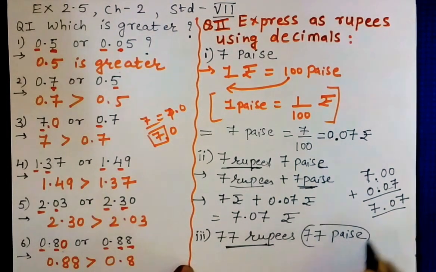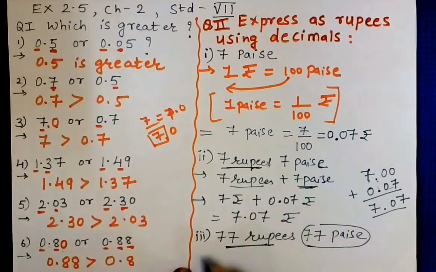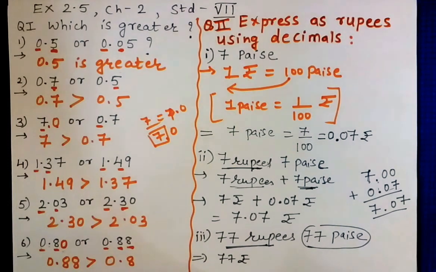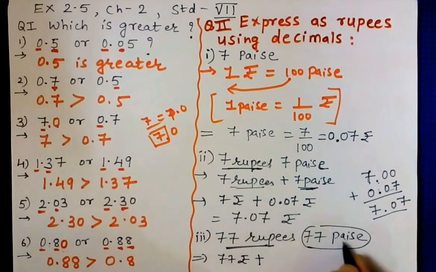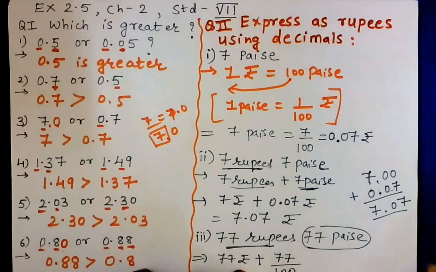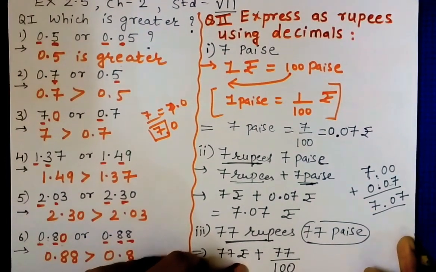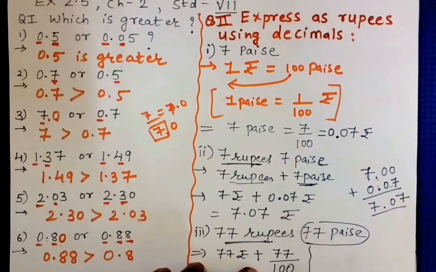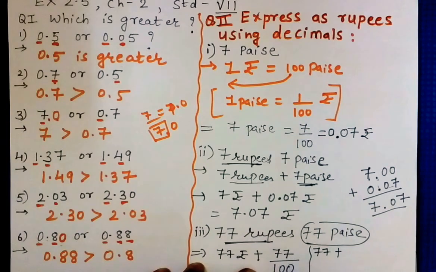This part is in paise, so we have to convert it. So 77 paise we have to convert to rupees. For converting paise to rupees, what do we have to do? We have to divide by 100. So 77 upon 100.